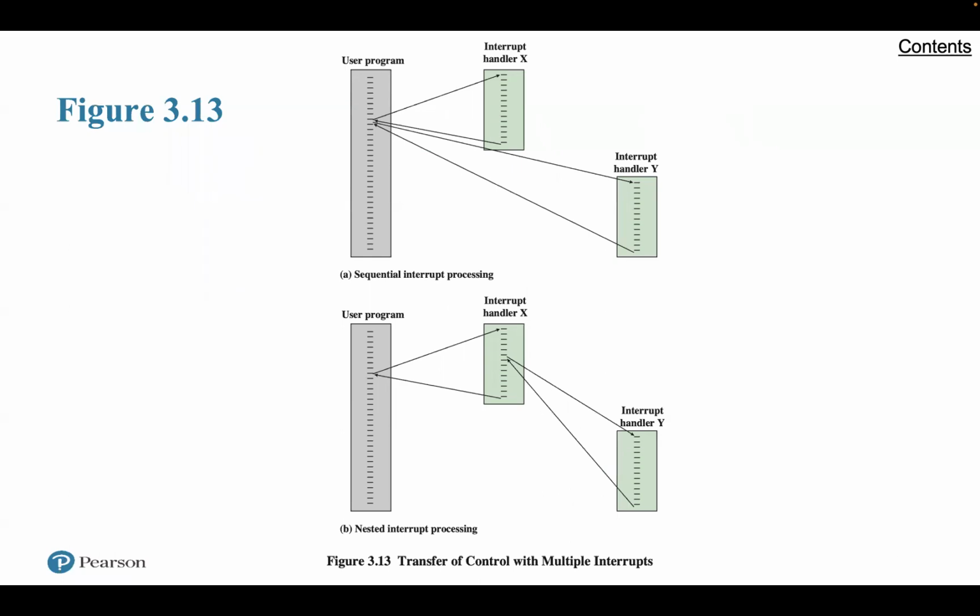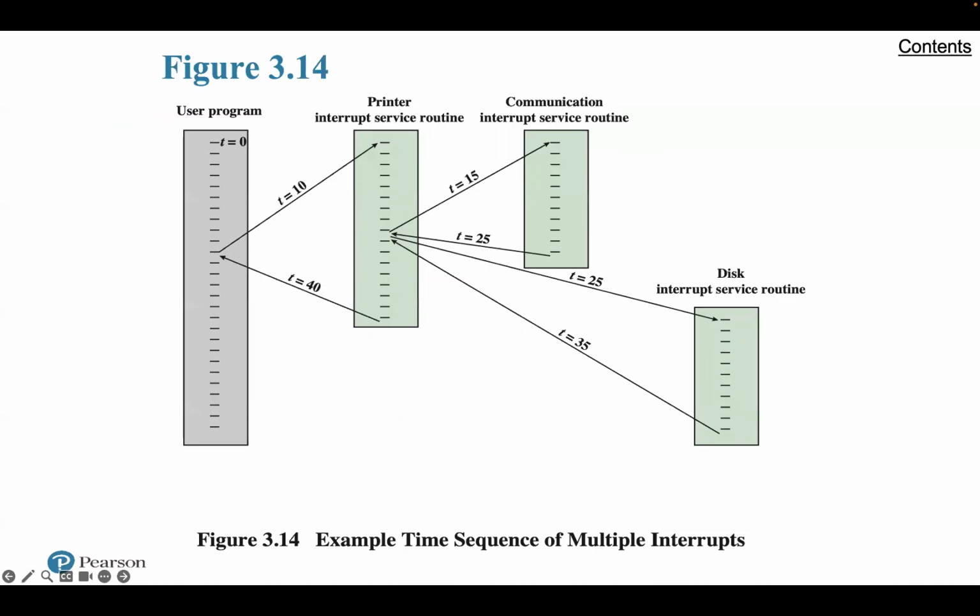If an interrupt occurs during this time, it generally remains pending and will be checked by the processor after the processor has enabled interrupts. So here we see sequential interruption, and then we see nested interruption. Maybe a higher-priority interrupt takes place. Those are the possibilities that we can be thinking about here, and we're trying to illustrate both of those in this figure.